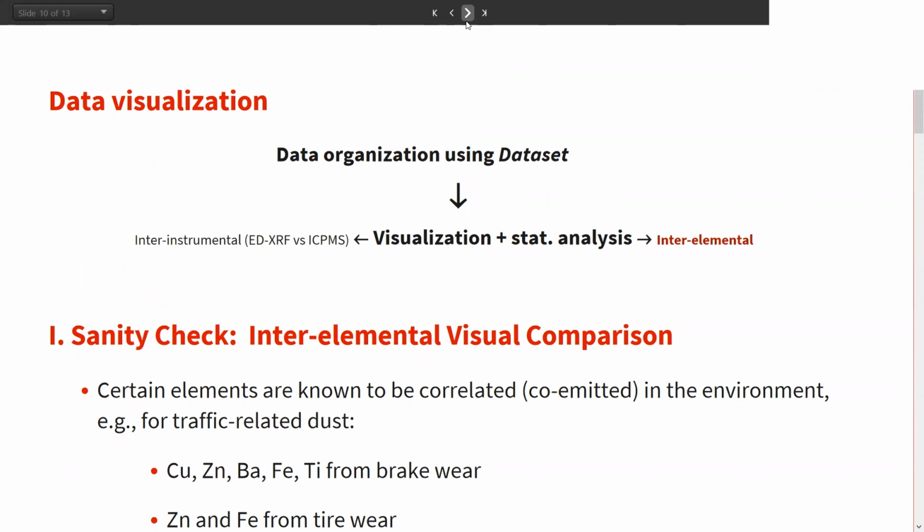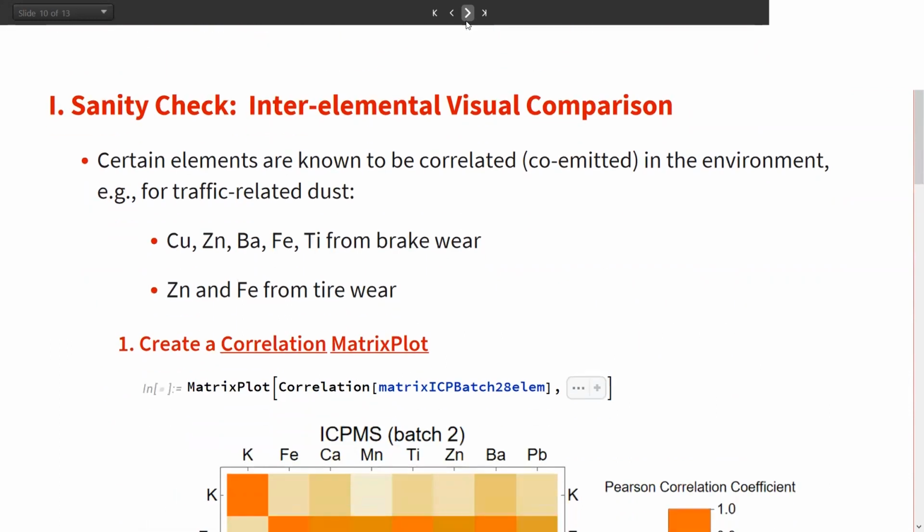The next part is for me to visualize all of these data, look at the trends. Do they make sense? For example, if I know that one location is an urban location, then there are trends that I expect to arise. For example, elements that are usually seen to come from vehicular sources, for example, copper, zinc, barium, iron, titanium from brake wear, or zinc and iron from tire wear.